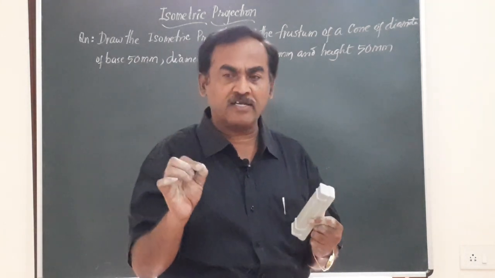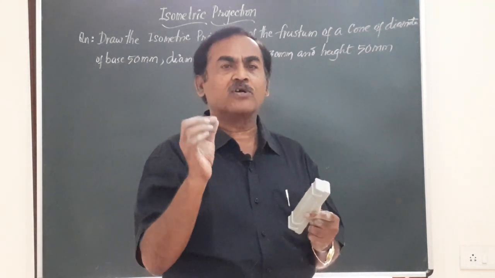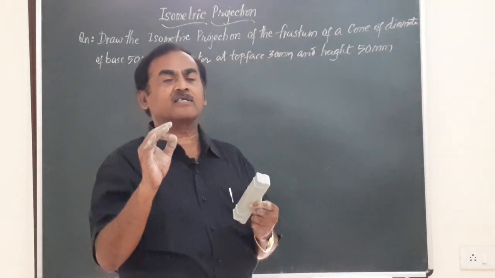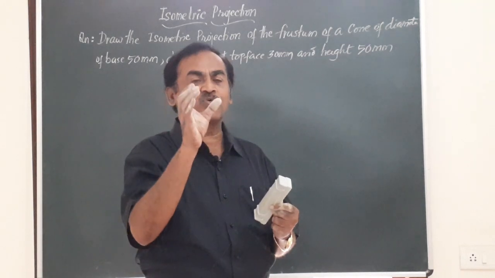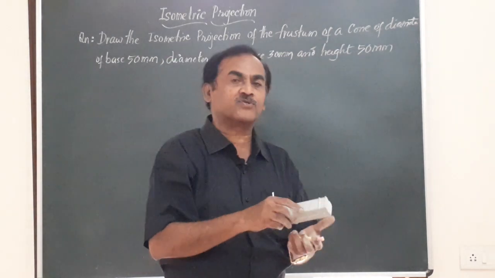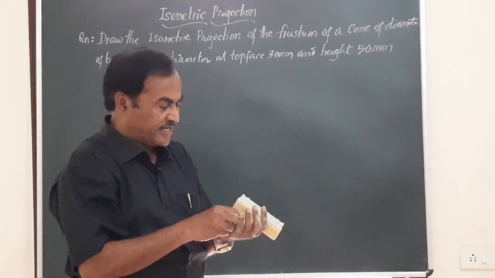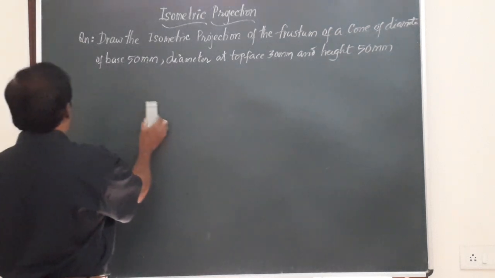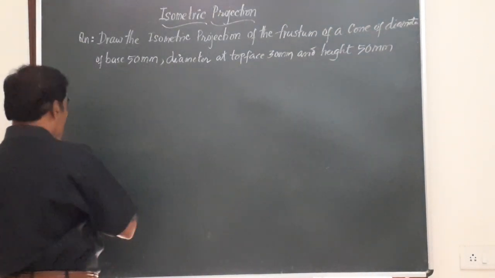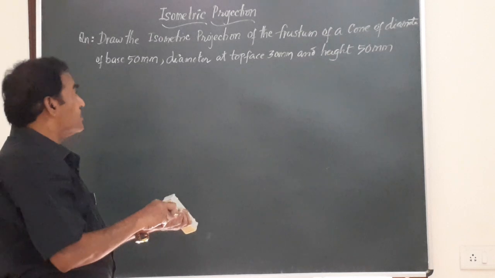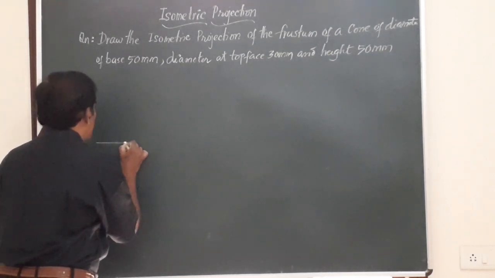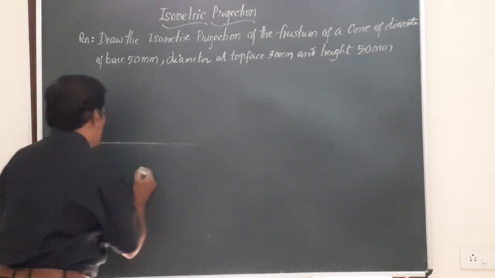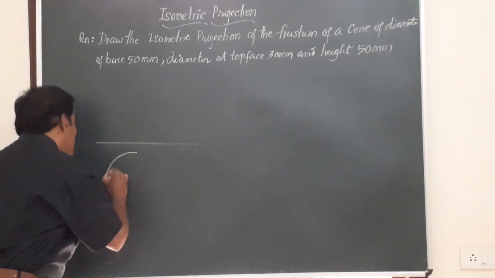If it is a pentagonal pyramid, you get two concentric pentagons. If it is a rectangle, you get two concentric rectangles, and so on and so forth.